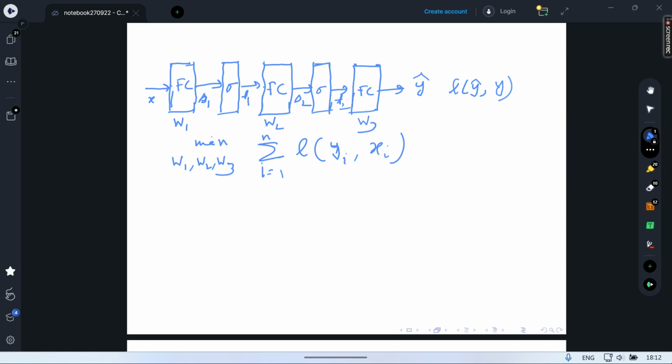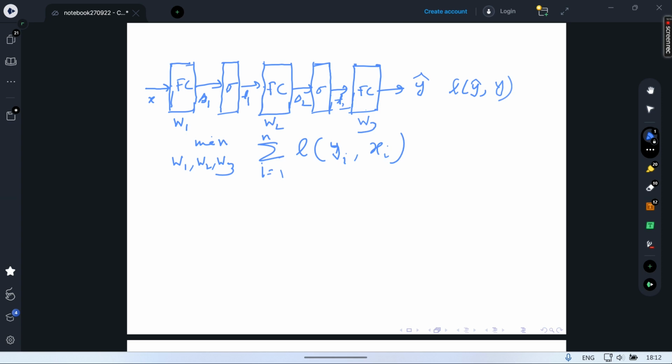If it is very close, this loss takes a very low value, close to 0, and if the distance between y hat and y is very large, then this loss takes a large value. So this is called the forward propagation.